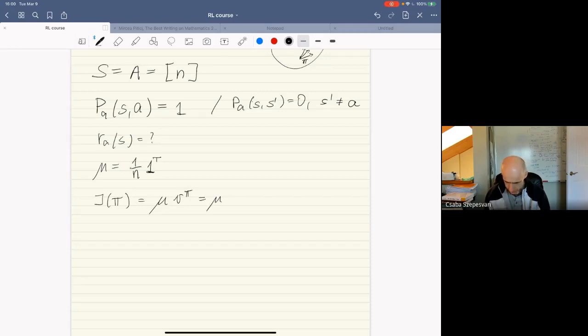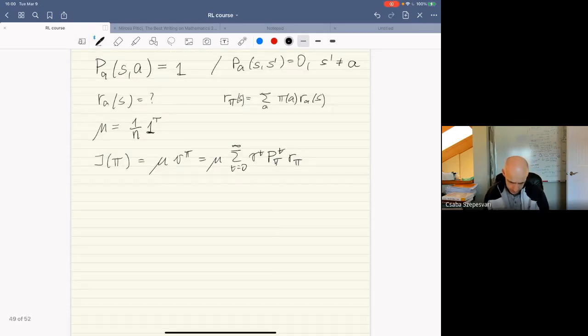And we know that v of pi is just the discounted sum of the rewards under the policy, which you can obtain if you take r of pi, and r of pi in this case is, at s, pi of I RAS.